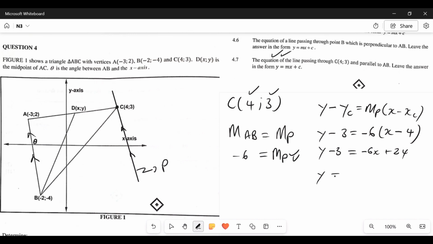We're going to be left with y there, and we have -6x plus 24 plus 3, because this 3 is going to become positive. So our final answer is going to be y equals -6x plus 27. There we go. This is our equation of a line that is passing through C and which is parallel to AB. I hope you guys managed to understand how to do this one as well.